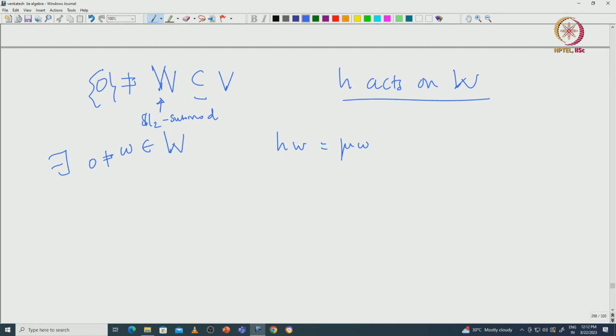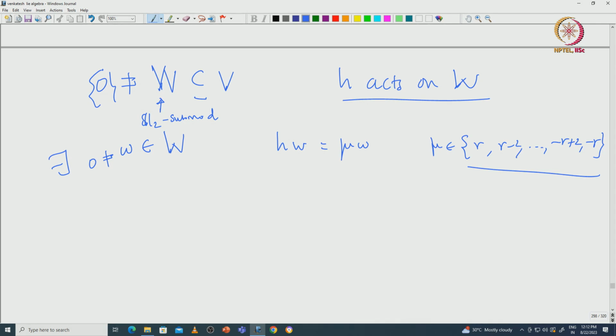This mu has to be one of the eigenvalues as before. It has to come from r, r minus 2, etcetera, minus r plus 2, and minus r, because these are the eigenvalues of H on the entire capital V. So it has to come from that.